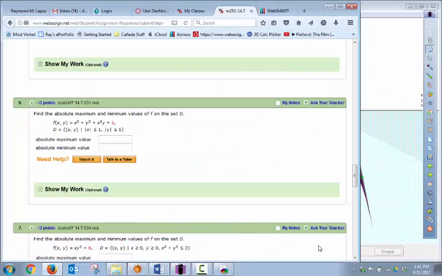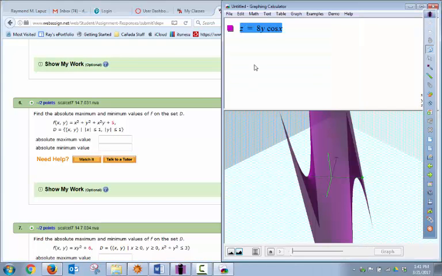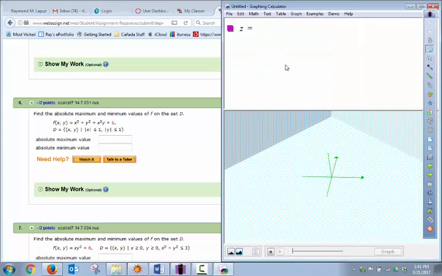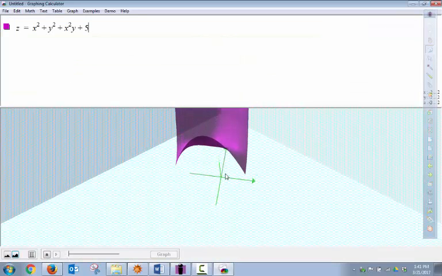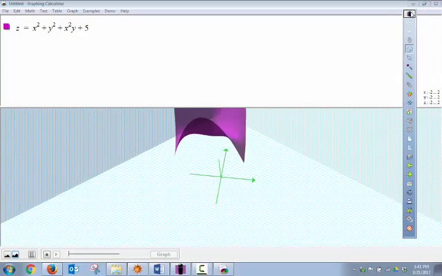Actually, let's take a look at the graph first. So z equals x squared plus y squared plus x squared times y plus 5. And then let's actually use the same limits since they have square limits over there.